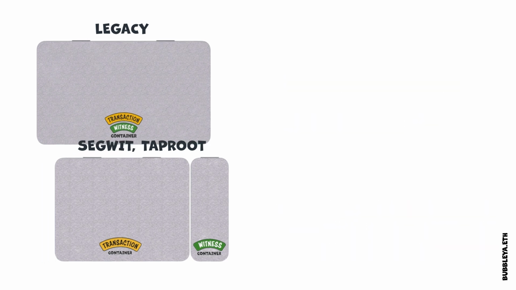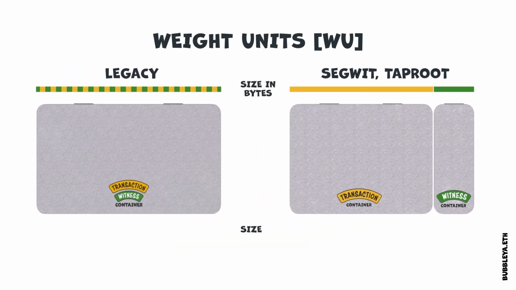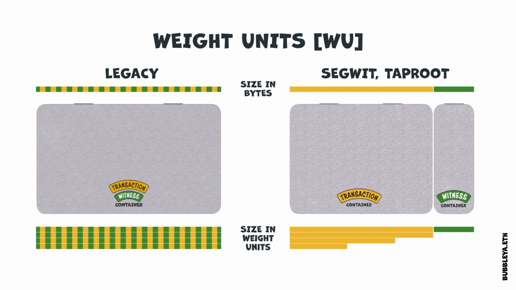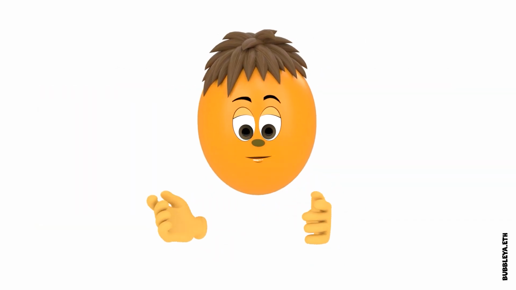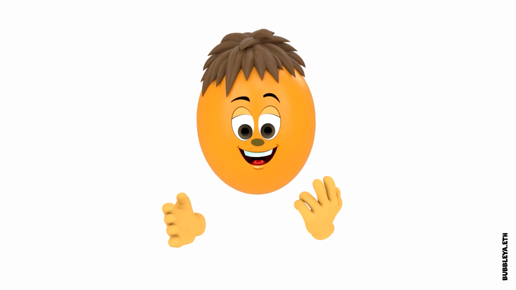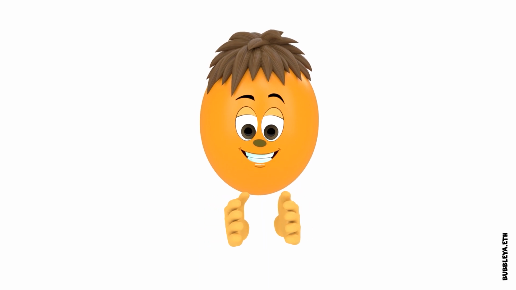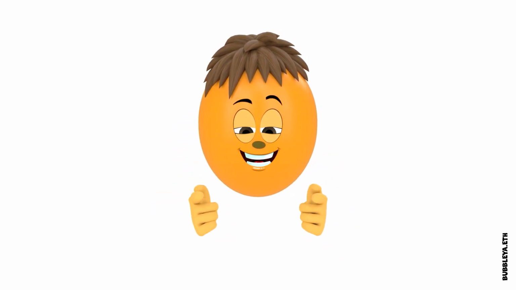Although weight units are still based on byte size, they allow transaction data to be given 4 times more weight than witness data. Before we continue, we must point out that mixed transactions are possible where legacy and SegWit certificates are used together for payment. Explaining it, however, is beyond the scope of this movie.